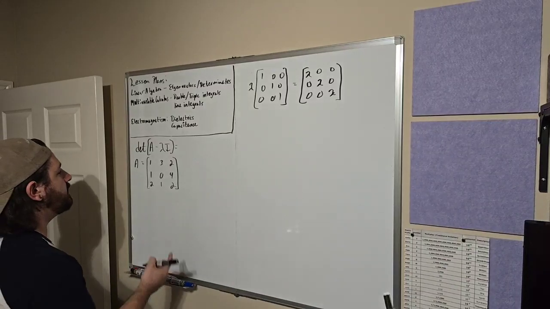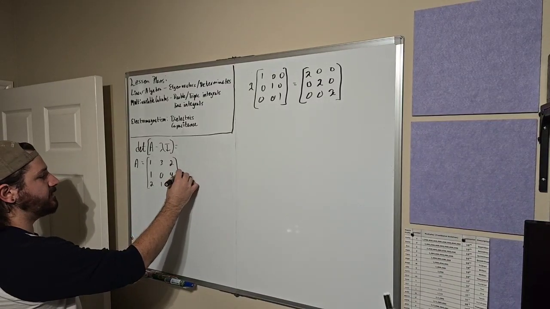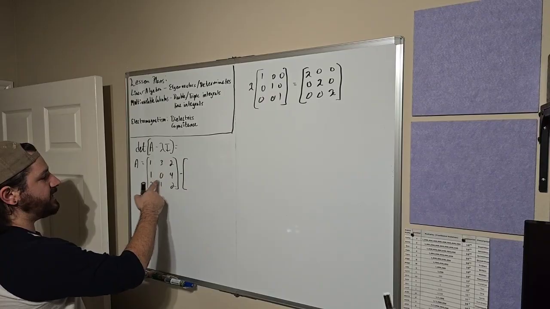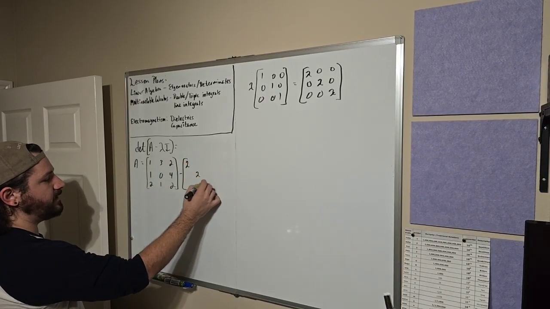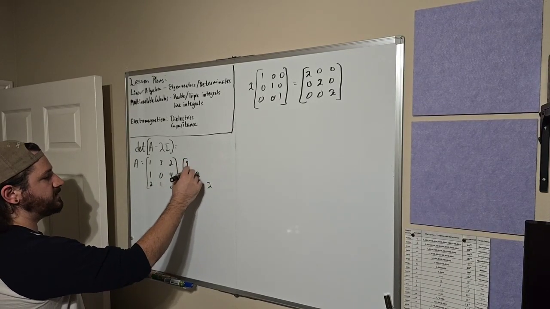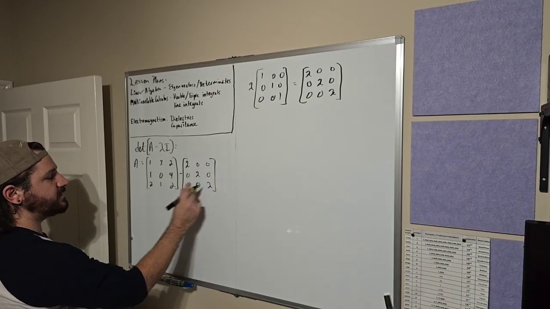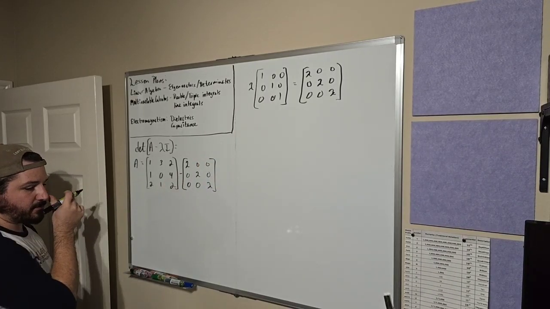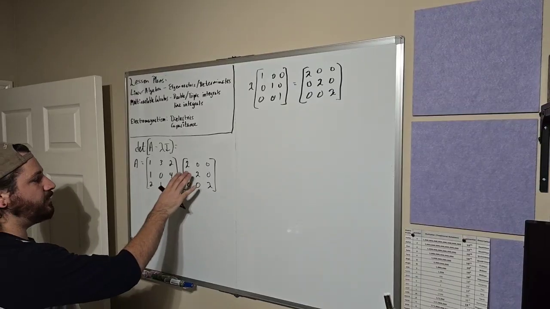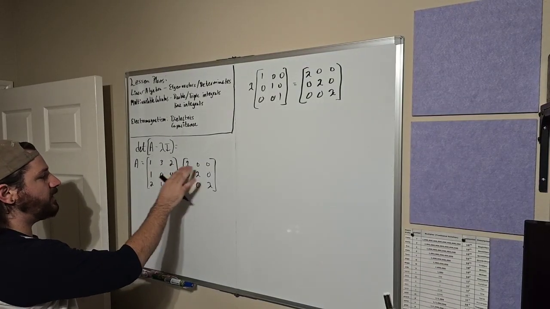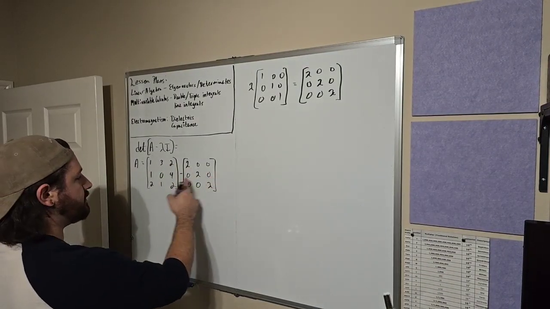Now where that's useful is we're going to go ahead and subtract that from this A. So now we have this A minus lambda in all our diagonals and a bunch of zeros. Since this is matrix addition and subtraction, there's nothing really too fancy here. You're just going to go spot to spot across and make sure you match them up and just do the subtraction.